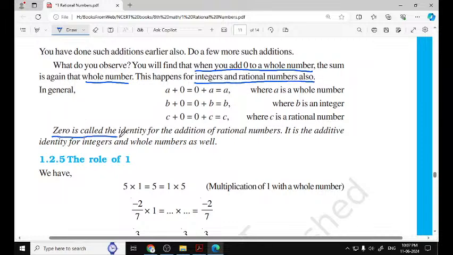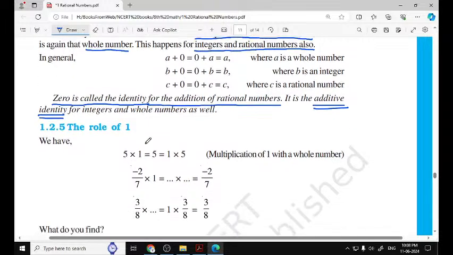So 0 is called the identity for addition of rational numbers. It is also called the additive identity. 0 is the additive identity for rational numbers, integers and whole numbers also.